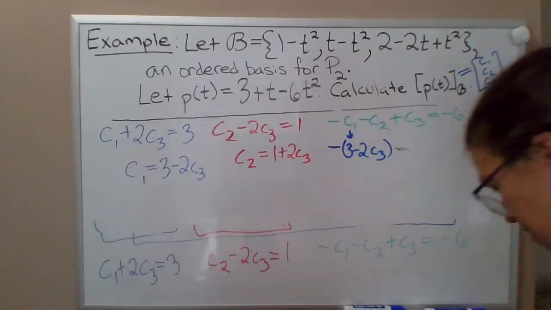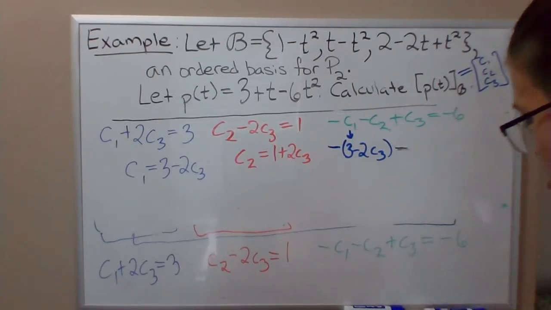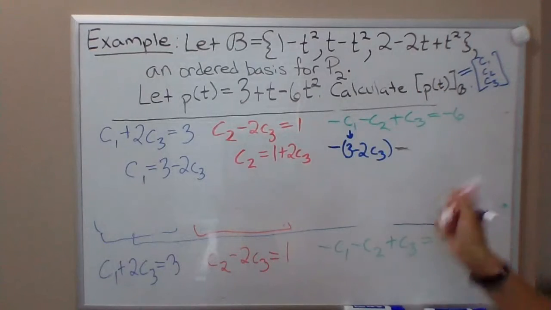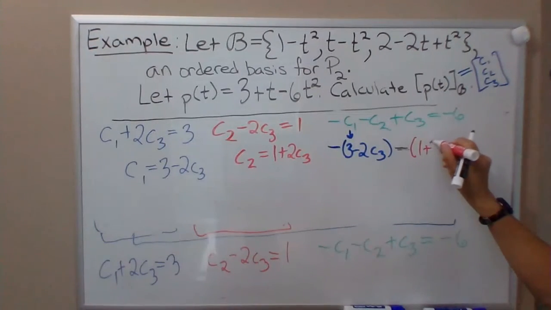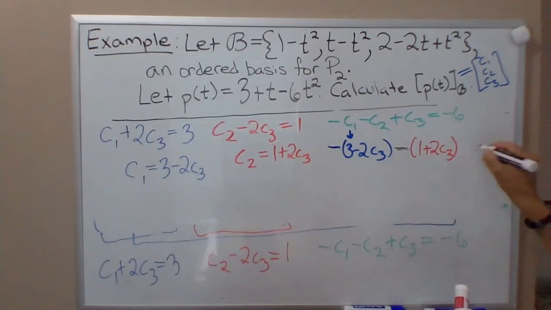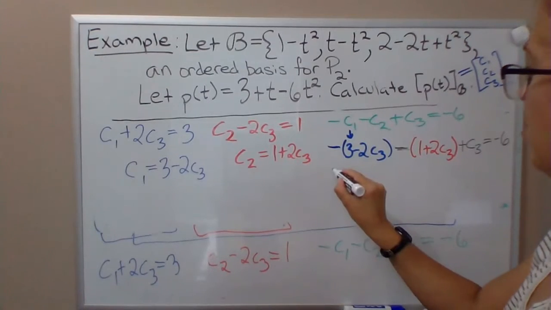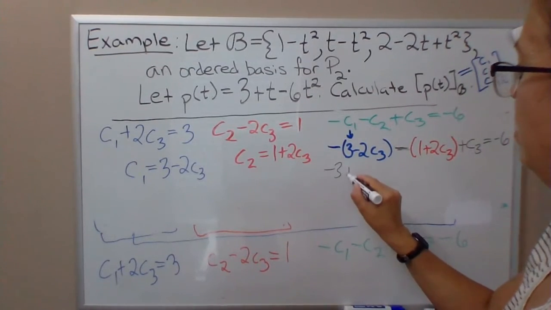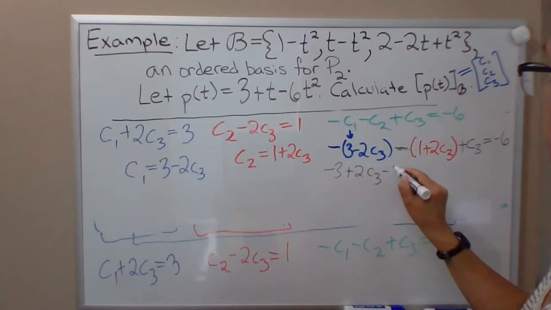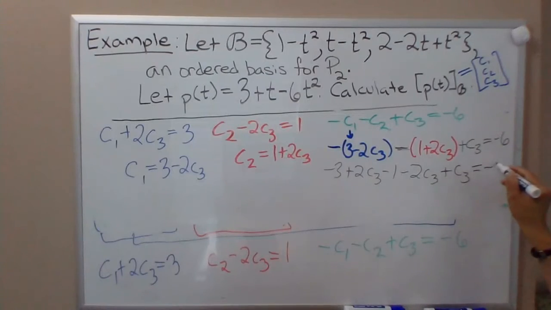I'll have to just stick with this one for now. Okay, so minus C2, which is 1 plus 2C3, and then plus C3 right here. So plus C3 equals negative 6. When we simplify this, this will be negative 3 plus 2C3 minus 1 minus 2C3 plus C3 equals negative 6.